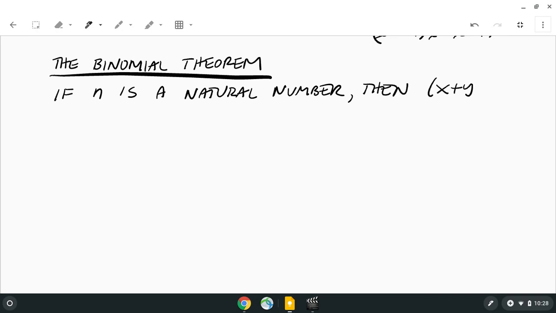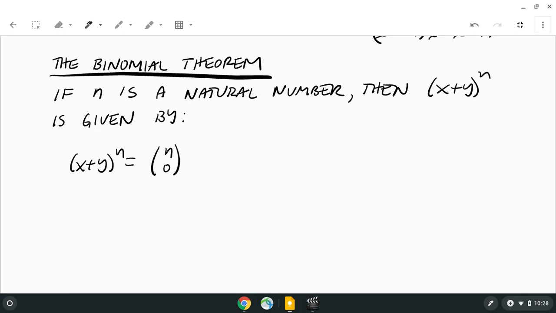x plus y to the nth power is given by the following. So x plus y to the nth will be, so here it's going to be n choose 0, whatever the n is. And whatever that first term is, whether it's x or 2x or 3x, it's that first term to the nth.